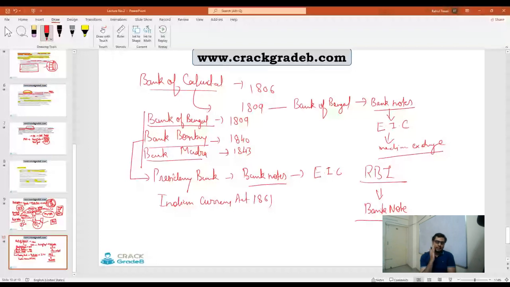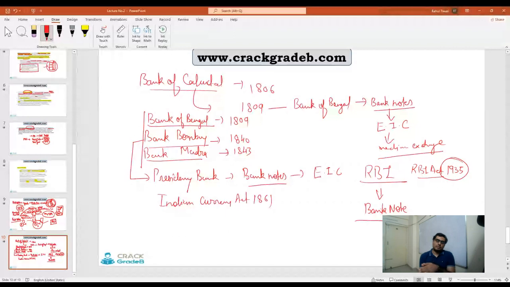Do you remember the day when the Prime Minister announced demonetization? He announced the demonetization, right? What he actually did, as per the RBI Act 1935, the bank notes issued by RBI shall be accepted by the government of India as a currency.